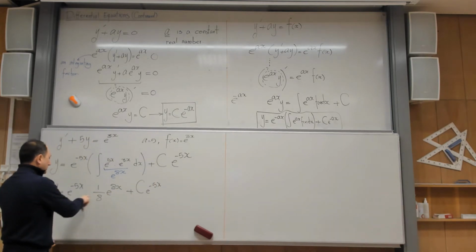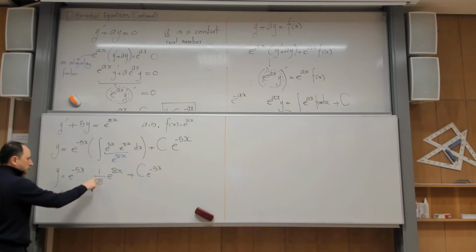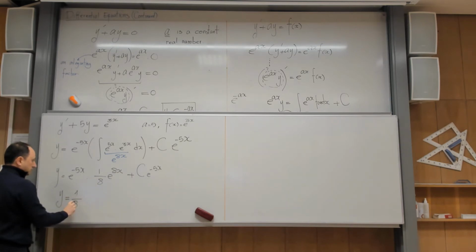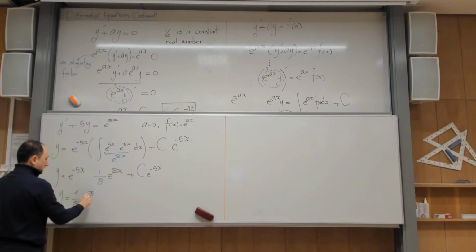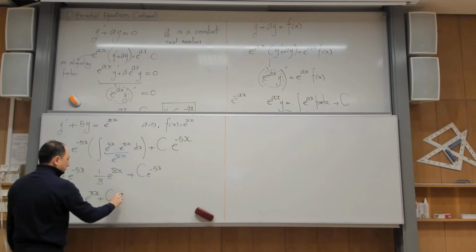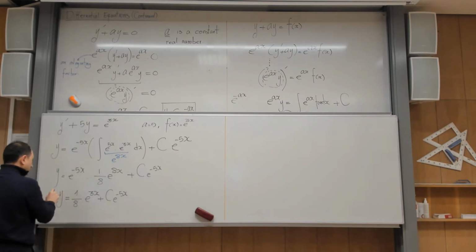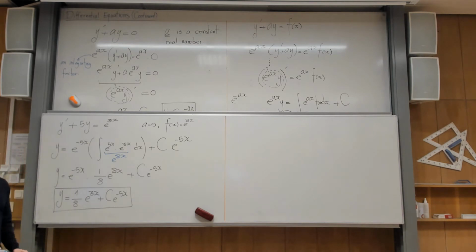But of course, people can simplify this a little bit more. So y becomes equal to 1/8 e to the power of minus 5x times e to the power of 3x. And then I have plus c e to the power of minus 5x. And that is the general solution of this differential equation.